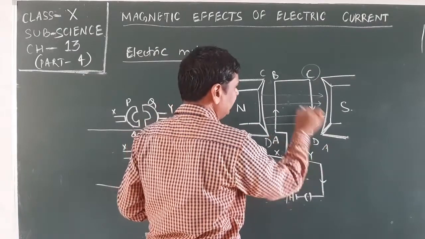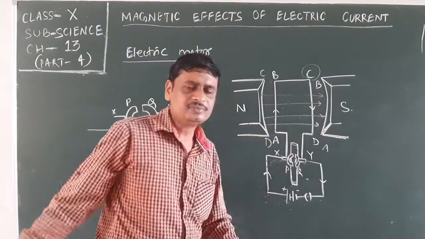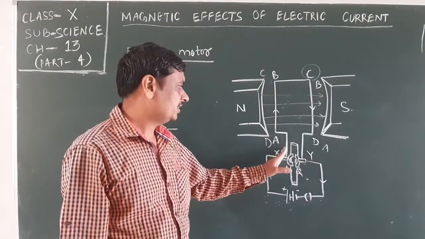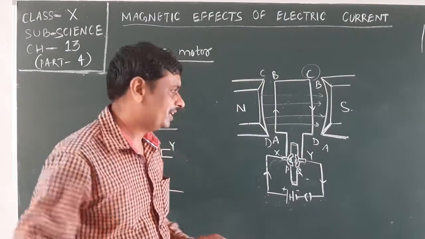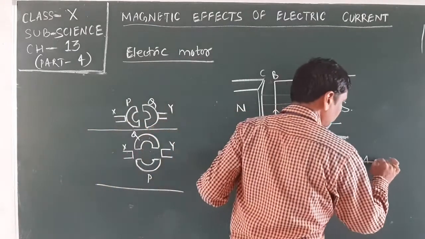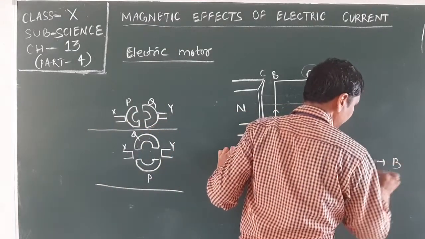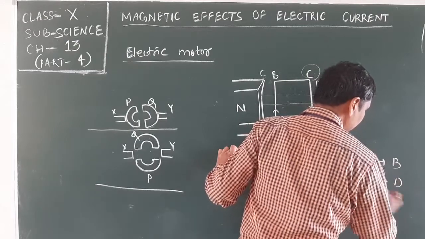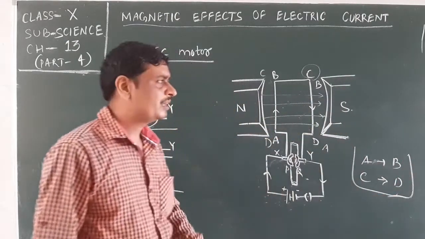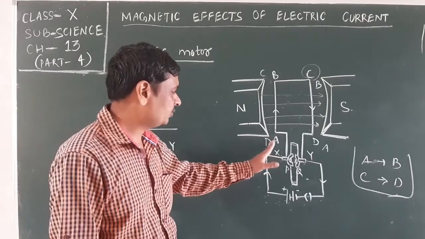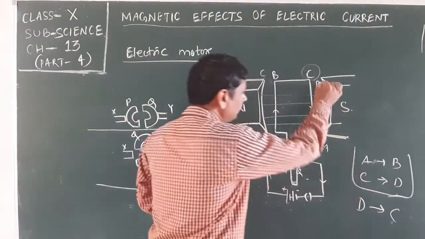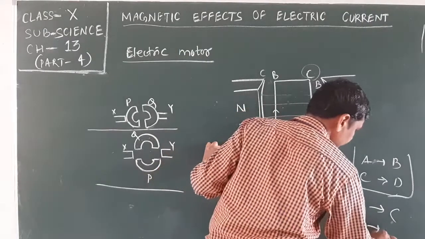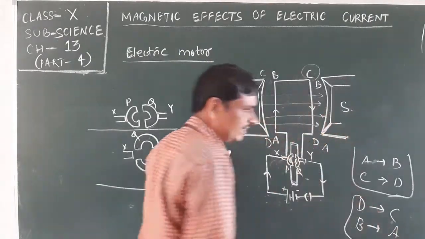A will be here and B will be here. In the second half rotation, the current will start from D to C and B to A. First it was A to B and C to D. That is the first half rotation. But in the second half rotation, current will flow from D to C and from B to A.